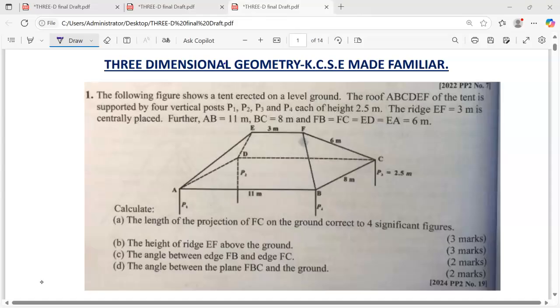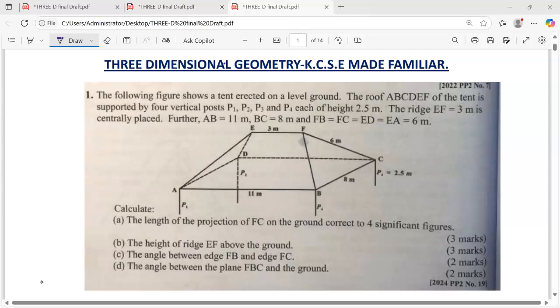This is three-dimensional geometry, KCSE 2024 paper 2 question number 19. The question reads: the following figure shows a tent erected on a level ground. The roof ABCDEF of the tent is supported by 4 vertical posts, P1, P2, P3, P4, each of height 2.5 meters.